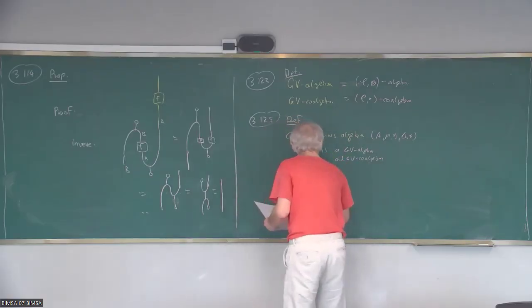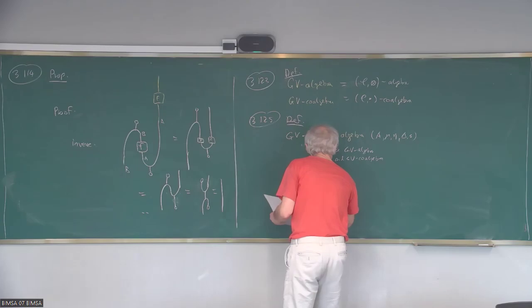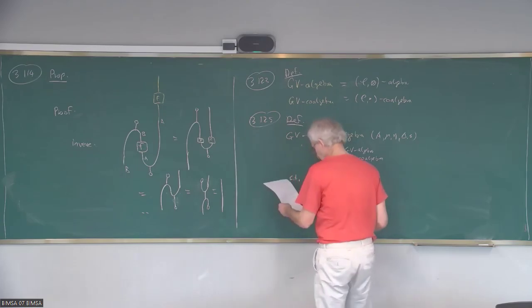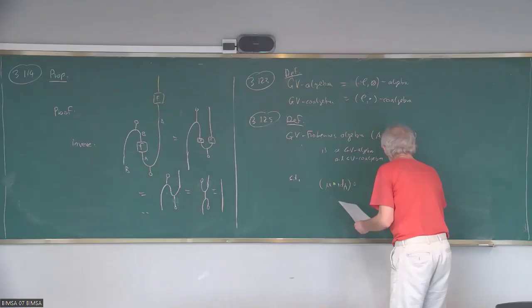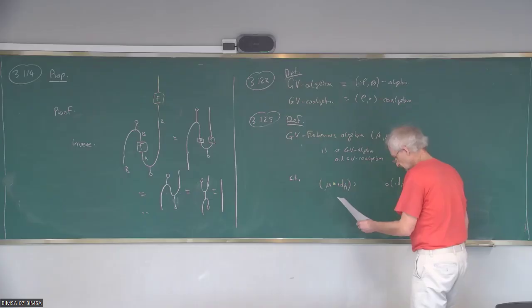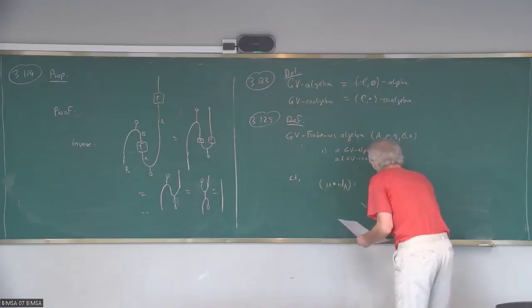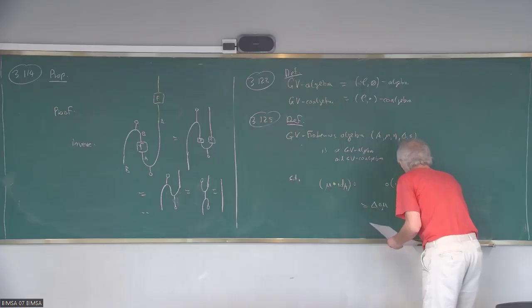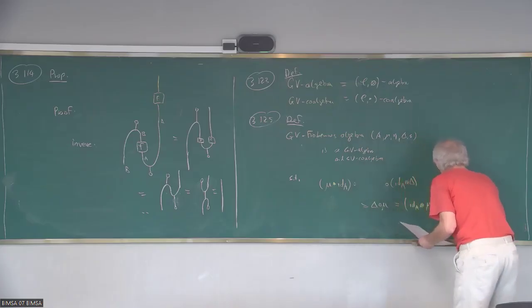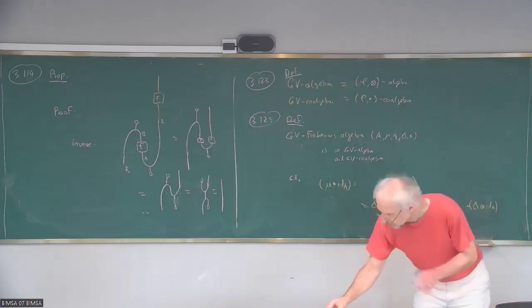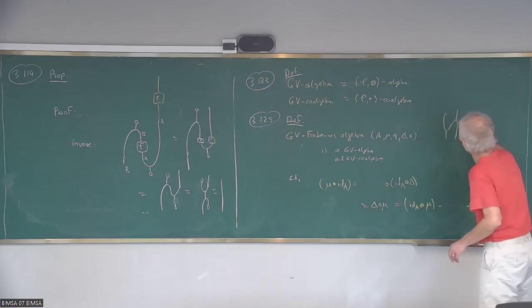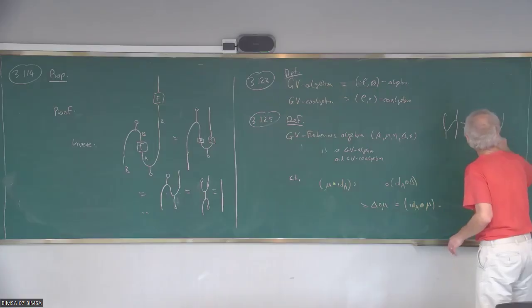So we have the following: mu composed with identity on A tensor delta equals delta composed with mu equals identity of A tensor mu composed with delta tensor identity of A. So if you just had this, then you would get these two equalities as before.